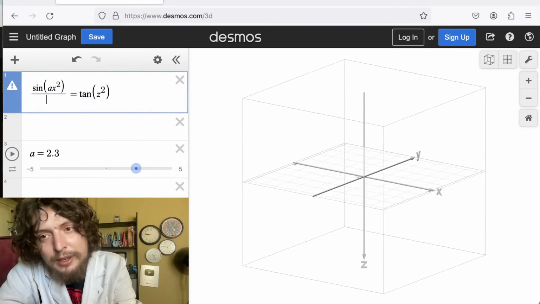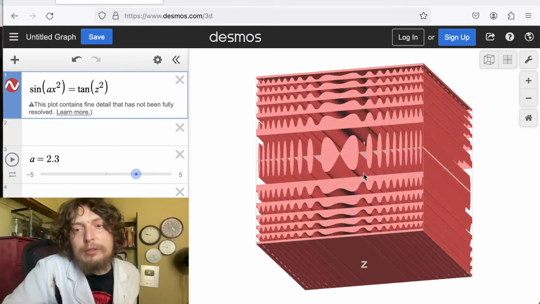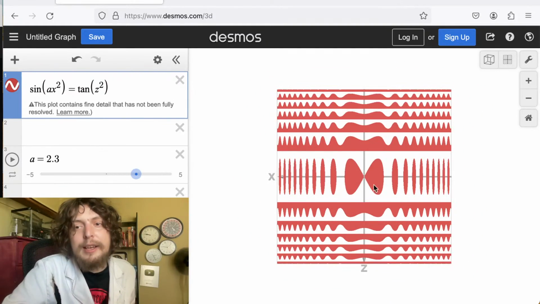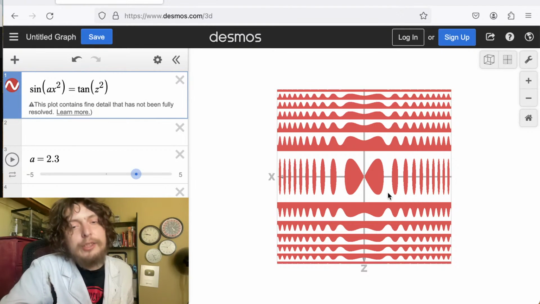Whoa, that one was kind of cool. Hey, look, wait. Doesn't this part look kind of like an infinity symbol right there? You see that infinity symbol right there? That's a good time to end on.